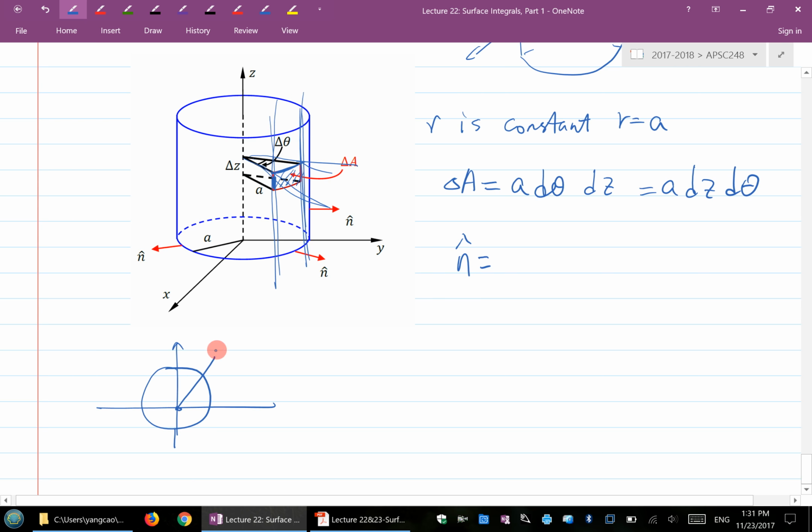You draw a vector out of the origin, and that's a normal vector to this circle. But this is a cylindrical surface here. If I want a normal vector in the xy plane, that's fine. So this is n here, and that one will go through to the origin.